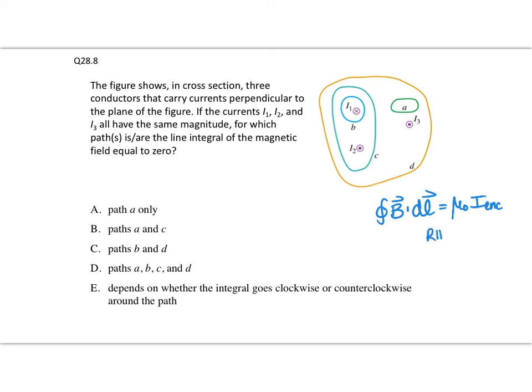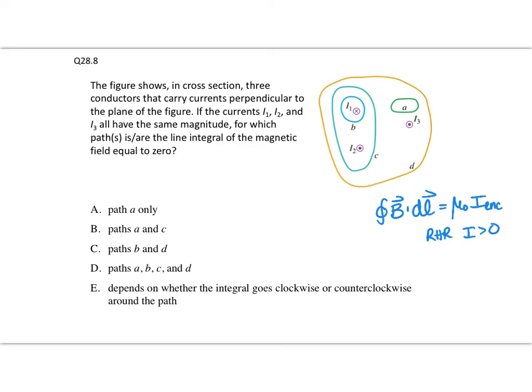We use the right-hand rule to figure out what current is positive, and that is if we imagine going around the loop with our fingers going around in the direction of the integral, our thumb will point in the direction of positive current. Turns out for this particular question that's not as important.